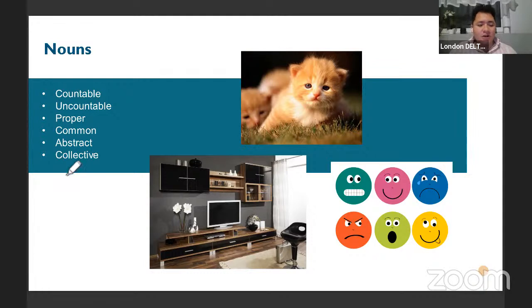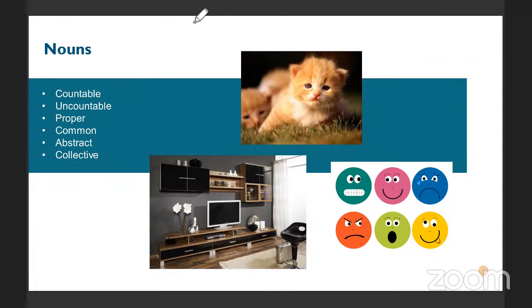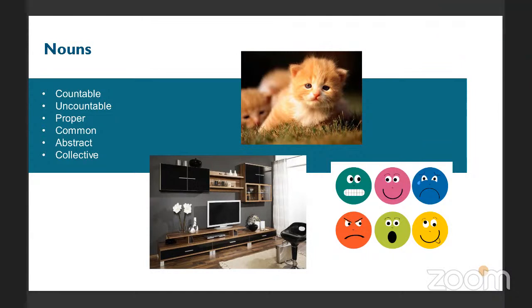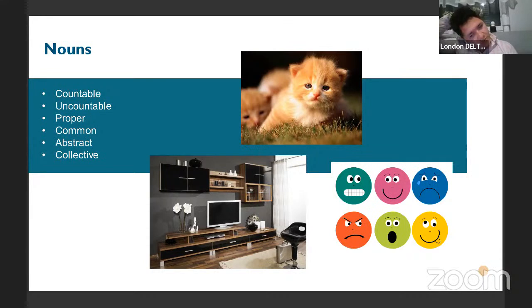Okay, what are the collective nouns? For example, band of musicians. Band. Very well. Another example: family. Team. Very well. Team. Family.